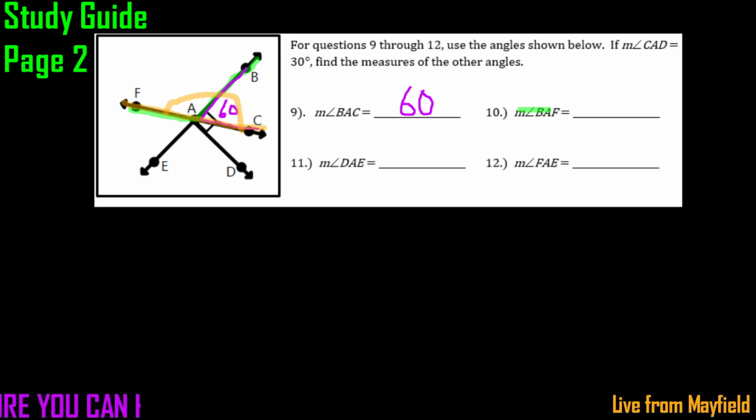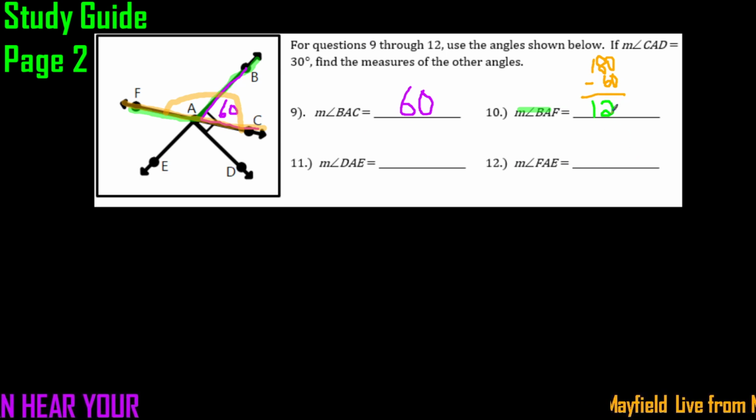So we can take 180 minus 60 to find our angle BAF. So our angle BAF is going to be 120 degrees. Make sure you can cover up and pull that apart.